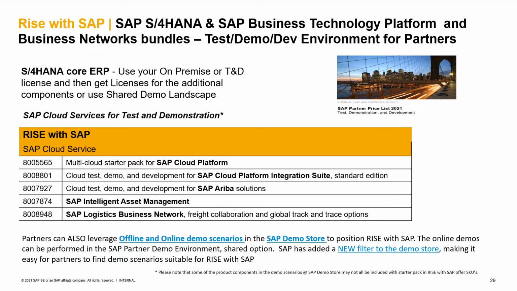So for SAP Cloud Services for test and demo, for the components that I just spoke about in the earlier slides, here we see the T&D material number and the description. Okay, so these are listed here. If you're interested, then go to the SAP demo store and you can take a look there for more information.